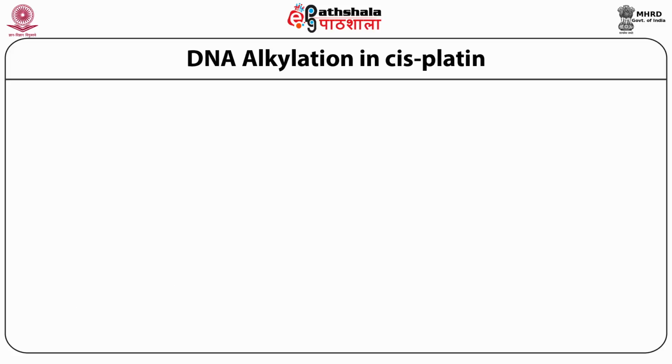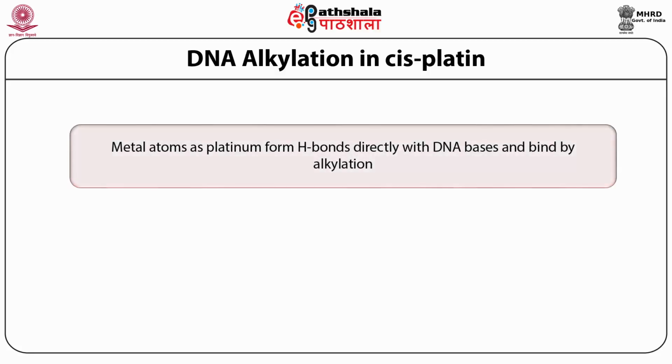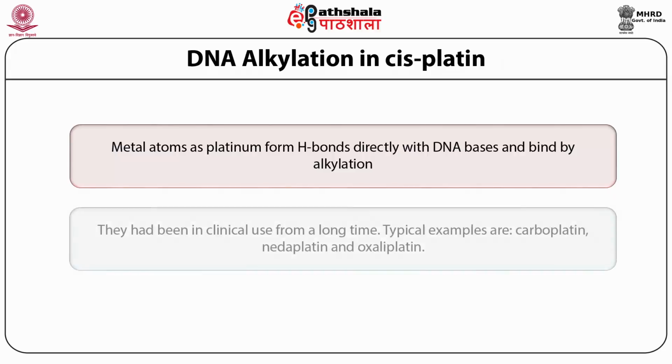DNA binding by alkylation. This is seen for cis-platin complexes. Metal atoms such as platinum form H bonds directly with DNA bases and bind by alkylation. They have been in clinical use for a very long time for the treatment of cancer. Typical examples are carboplatin, nedaplatin, and oxaliplatin, and they have been extensively used for cancer treatment.